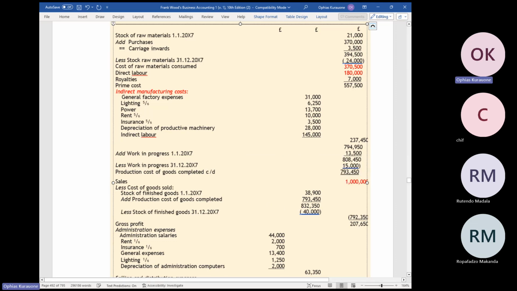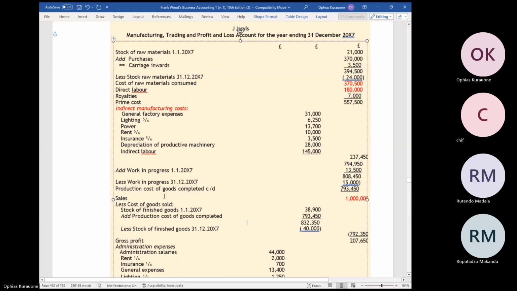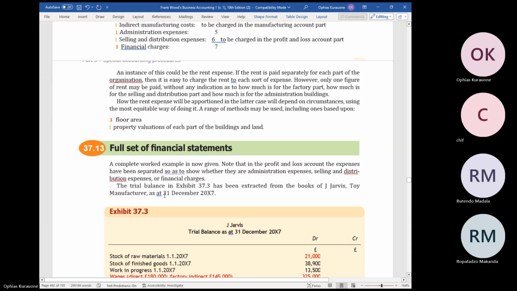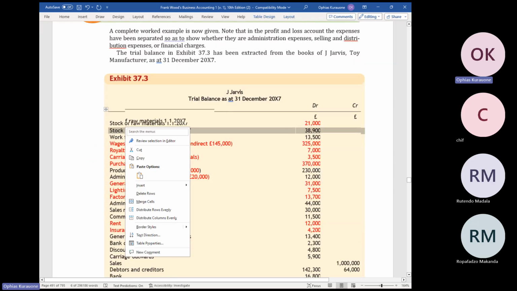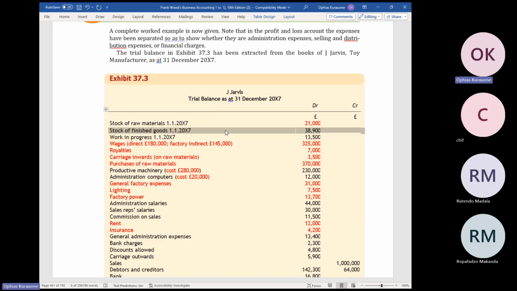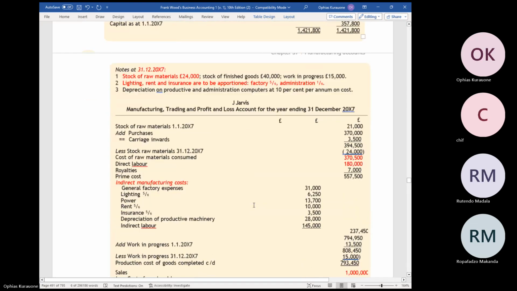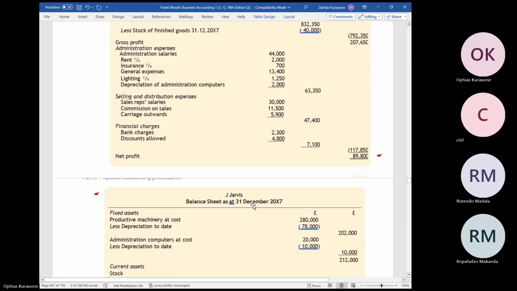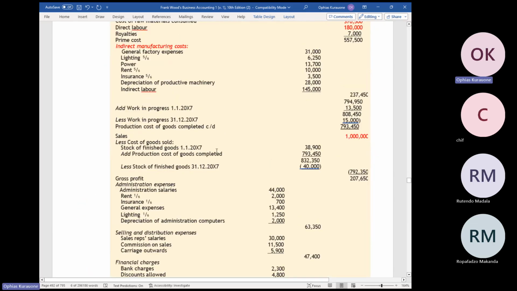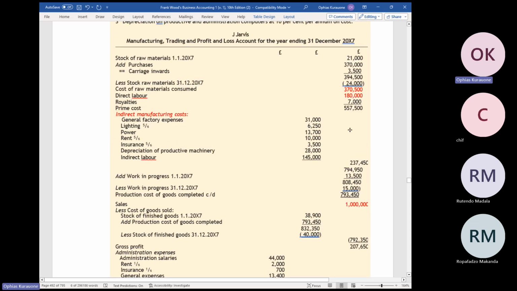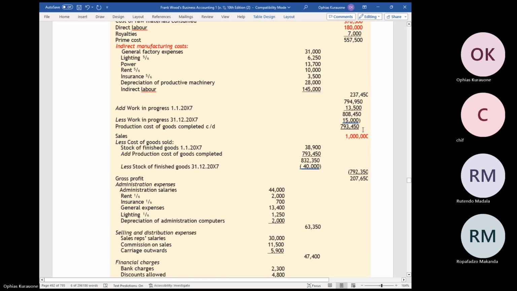Then you go on, less cost of goods sold. Stock of finished goods, we pick here. That is a given figure. Then you add the production cost of goods completed, we pick here.